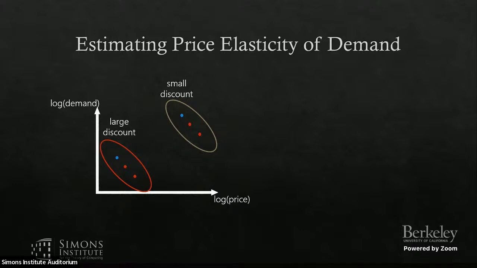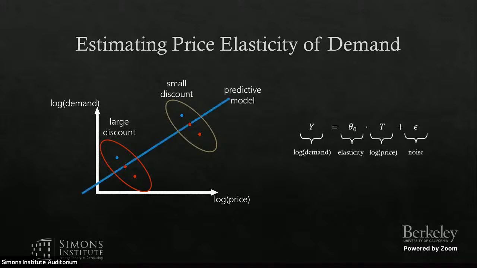And so maybe in the data we were offering some discounts. So some people got some large discounts, some people got some smaller discounts, and based on that variation of the discount that some people got and some people didn't get, maybe we want to understand what's the relationship between demand and price. And so the easy thing you can do is try to fit the data and learn that relationship.